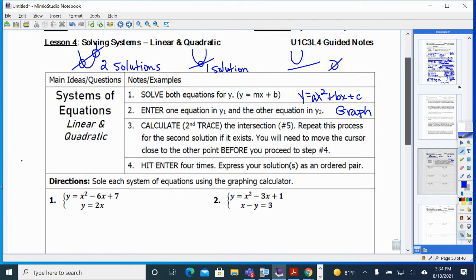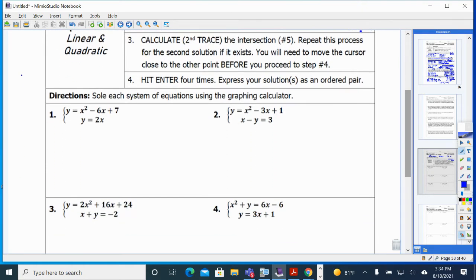So let's look at these examples. The directions say solve, I forgot the V, typo, solve each system of equations using the graphing calculator. More specifically, we're going to use the y equal function. Number 1 says y equals x squared minus 6x plus 7 and y equals 2x. Both of these equations are already in the correct form.